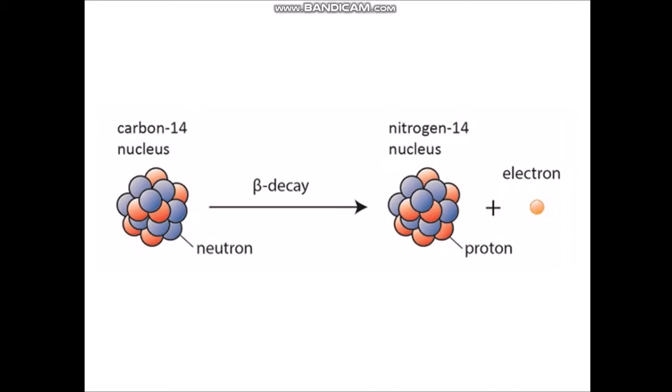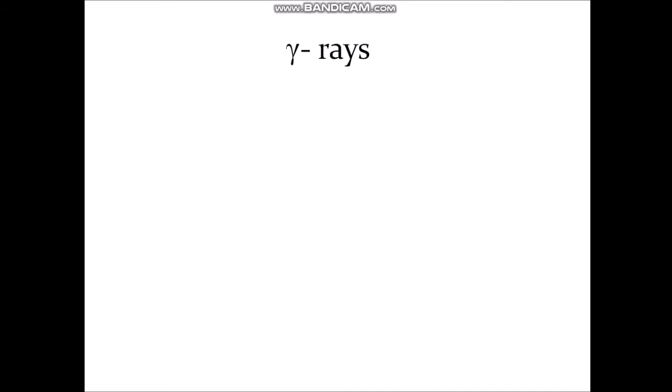So when it undergoes a beta decay, it is converted to a nitrogen atom with mass number 14, and an electron is emitted. There you see carbon with atomic number 6 and nitrogen with atomic number 7 is formed from it.